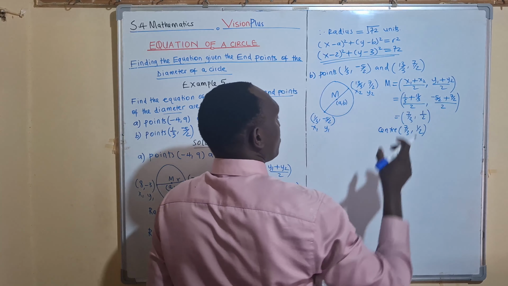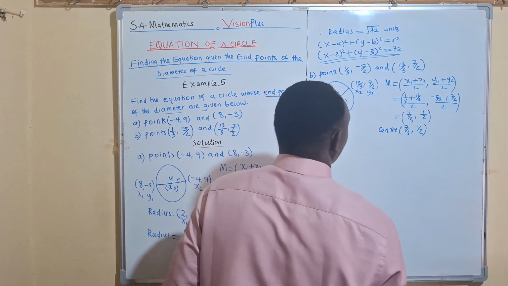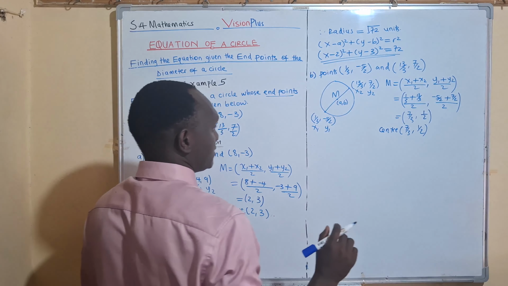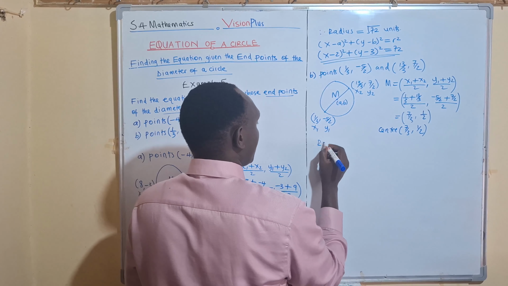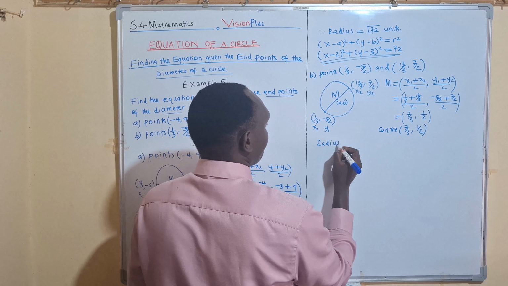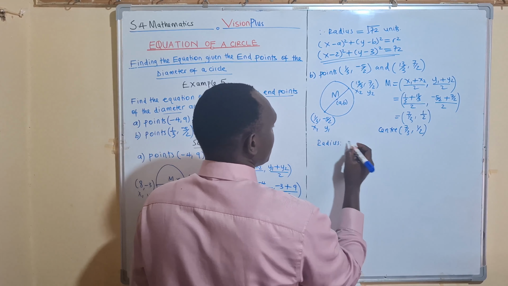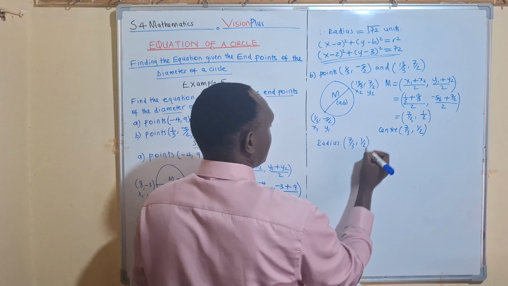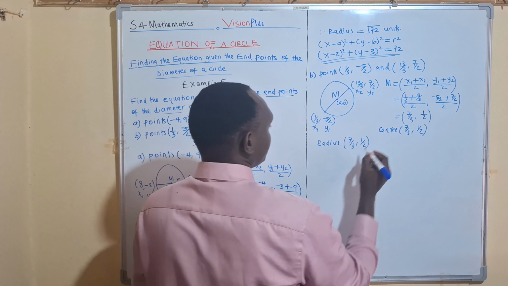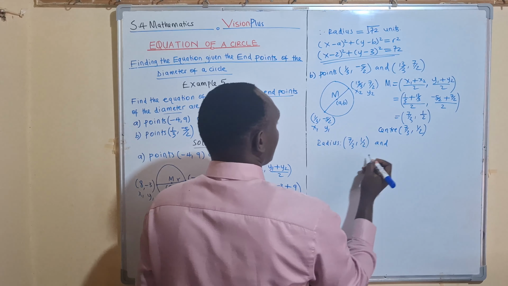Here you can even go on and apply the laws of division of fractions, but the calculator is quicker. After getting the center, we are left with the radius to find the equation. To find the radius, we use the center (7/3, 1/2) and any other point.